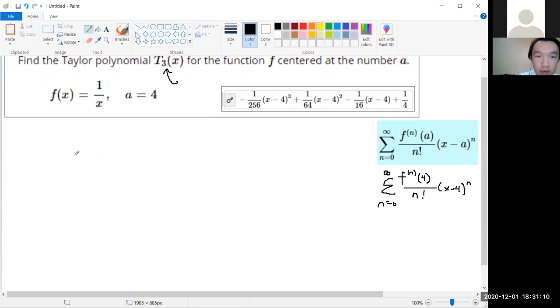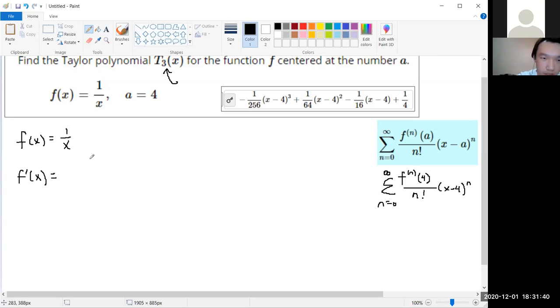If I write out the function, that's not 1/4, it's 1 over x. If I write out the first derivative, what's the derivative of this function? How do I do this again?